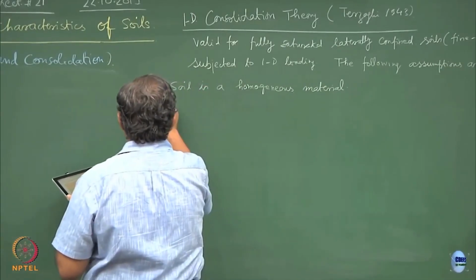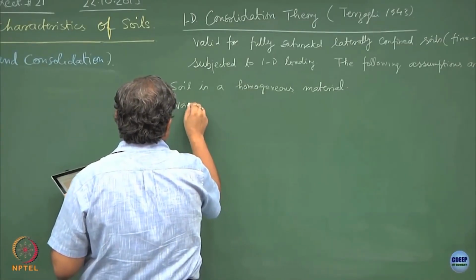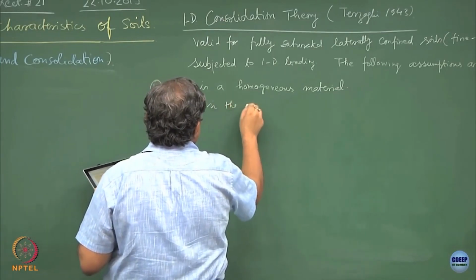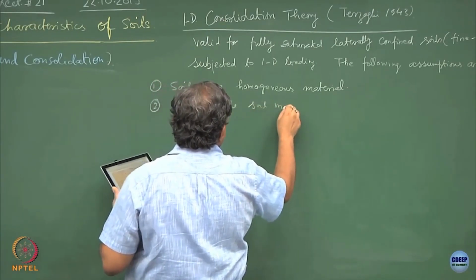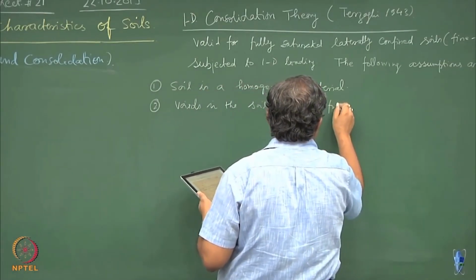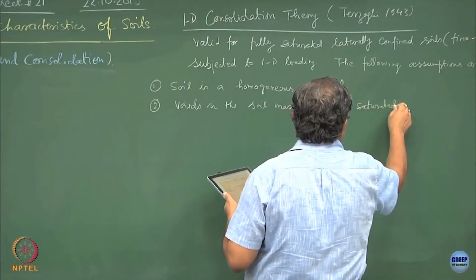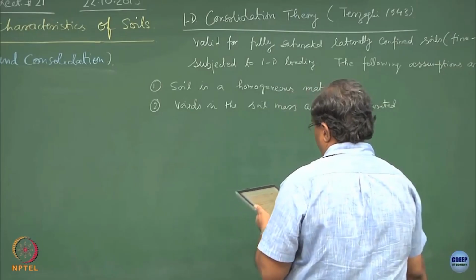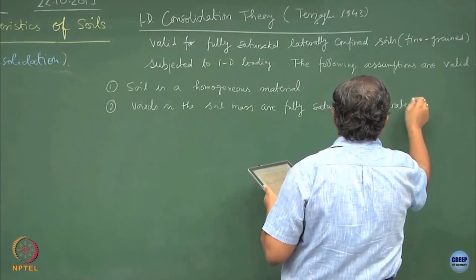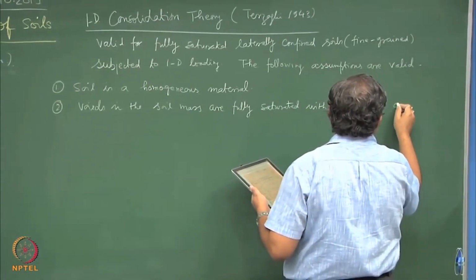Number 2, voids in the soil mass are fully saturated with water and are free of air.